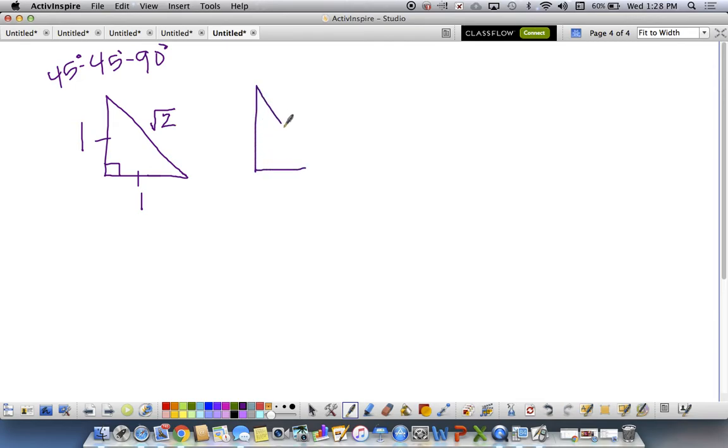Then we have a 30, 60, 90 triangle. These are our two special right triangles. Opposite 30 degrees, could I put a 1 there if that's my short side?